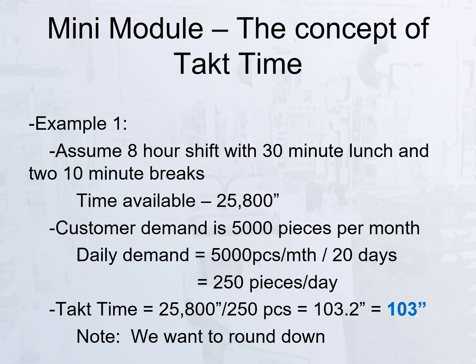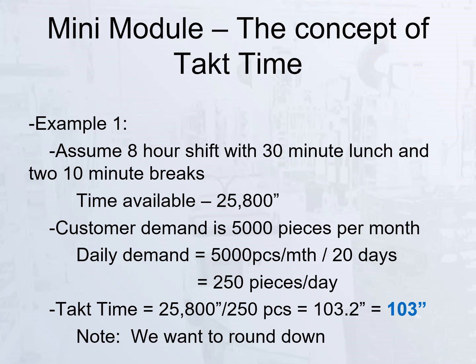So for our first example of takt time, we're going to assume an 8-hour shift with a 30-minute lunch and two 10-minute breaks. As we showed earlier, time available for an 8-hour shift is 25,800 seconds. Customer demand is 5,000 pieces per month in this example.